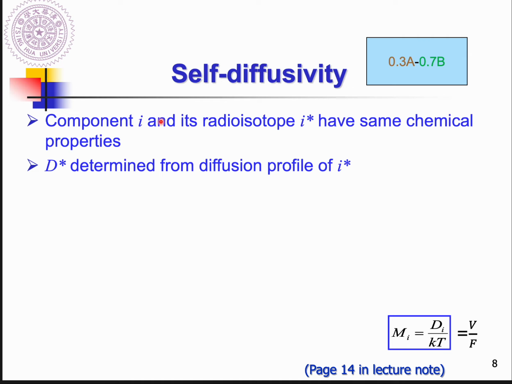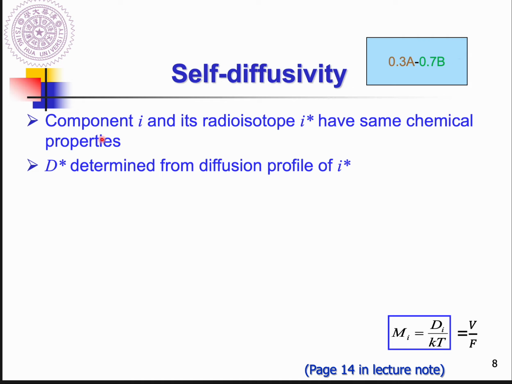There is no concentration variation, so how do we measure the self-diffusivity?